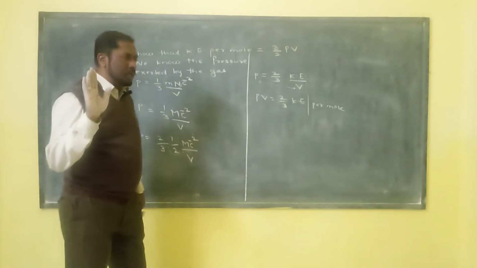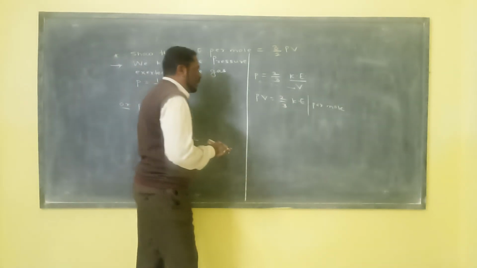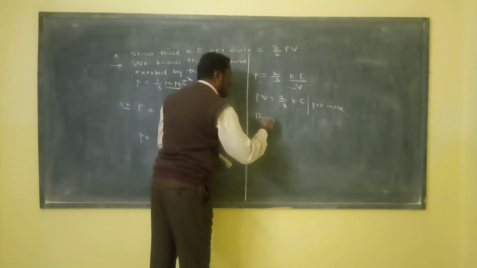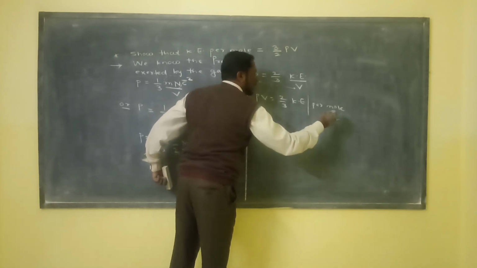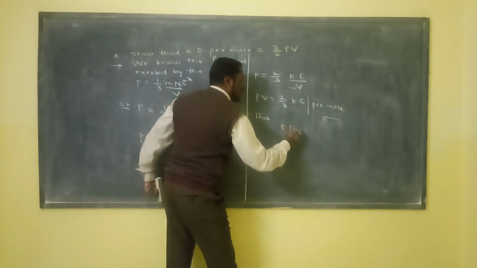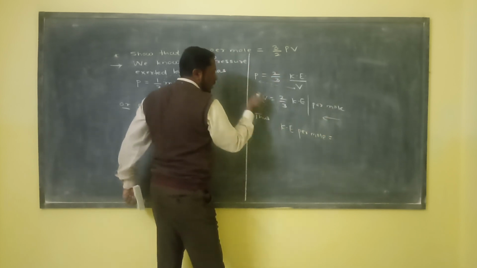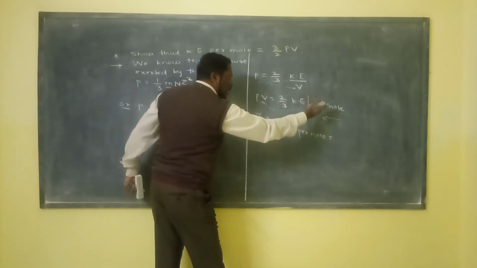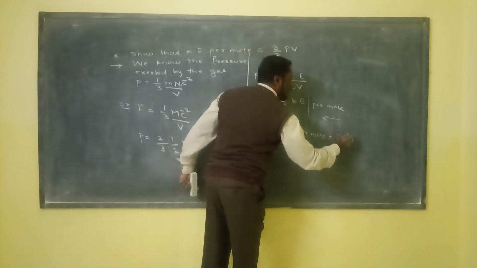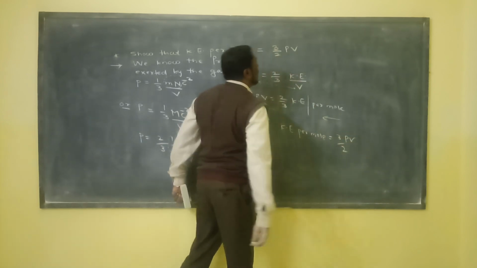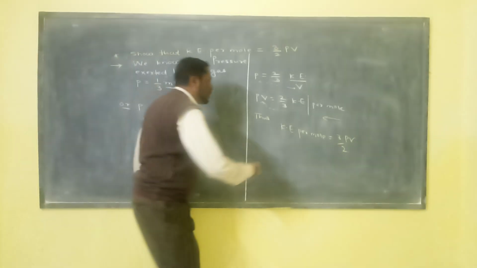Per mole, that is 1. So what can we write? Thus kinetic energy per mole is equal to 3 PV upon 2. Hence the proof. Watch it carefully.